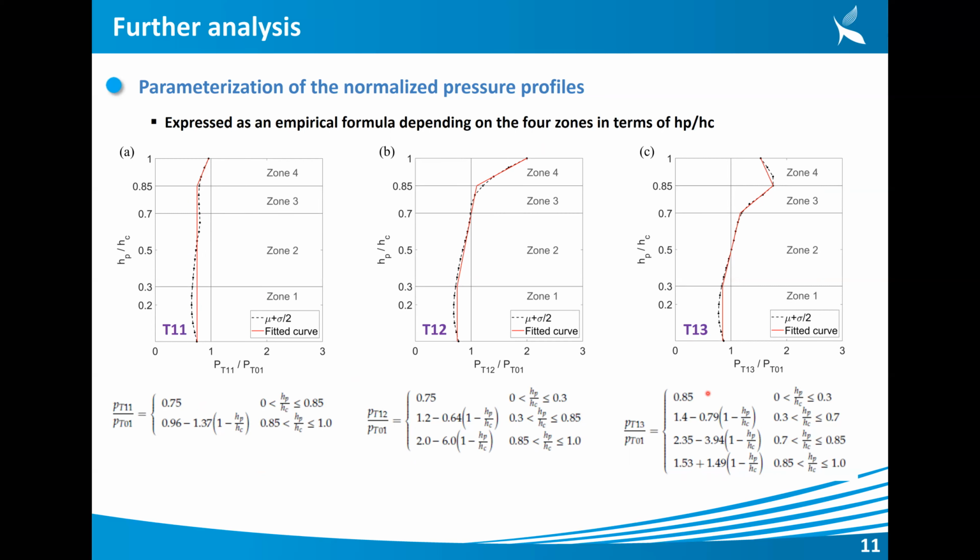So values of PT11, PT12, PT13 can be obtained by applying these equations to PT01, which can be easily obtained from Goda's formula. So it is possible to estimate distribution of horizontal pressure on the caisson covered with armor blocks on the rubble-mound core depending on the coverage rates from 70 to 100%.